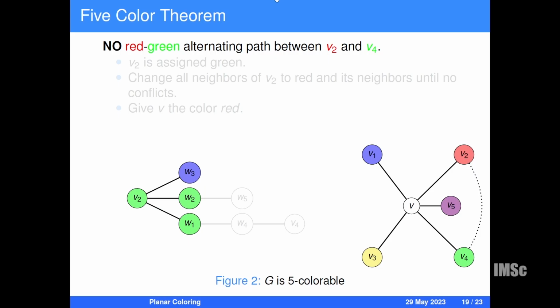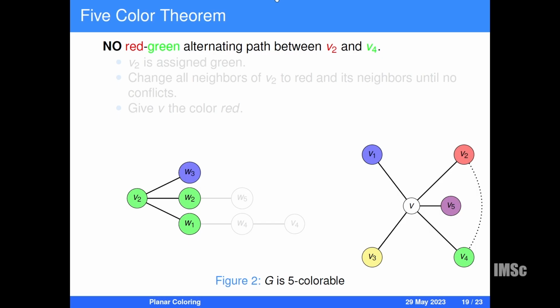Whenever there is a conflict, change the color to red. If there is a neighbor with a different color other than red and green, it doesn't matter to us in any way, correct? It still satisfies the proper coloring. The only things that we are not happy with are these conflicts.